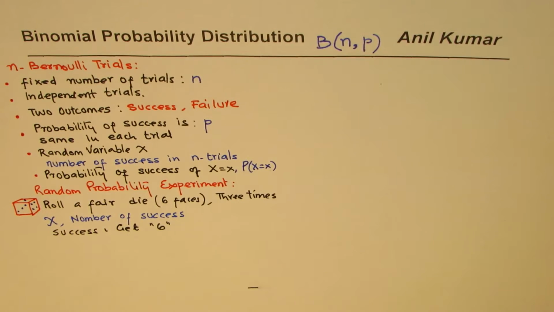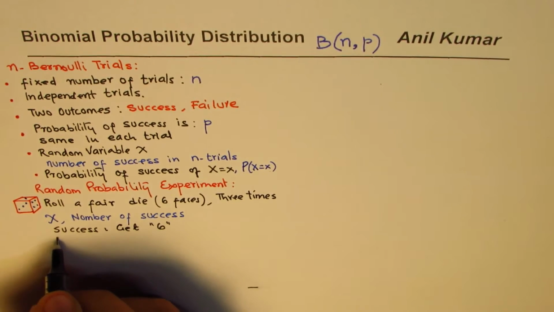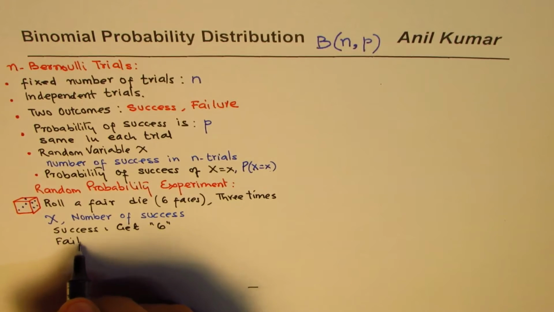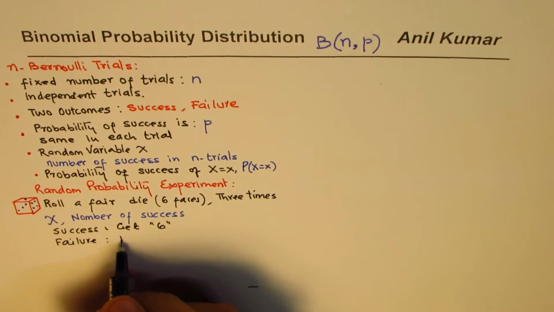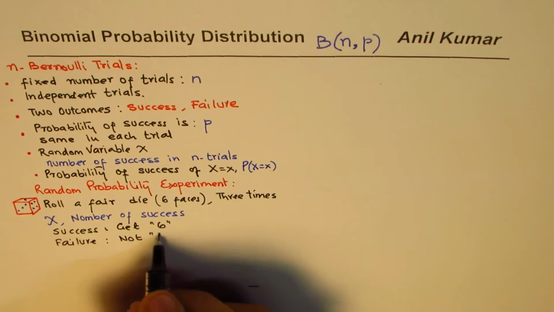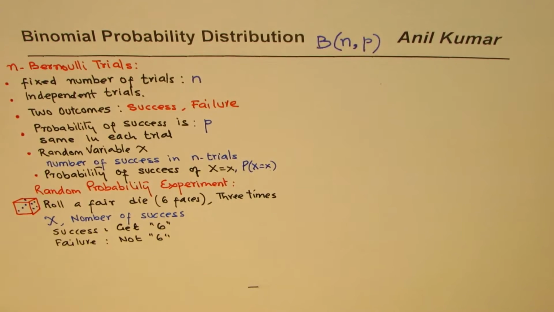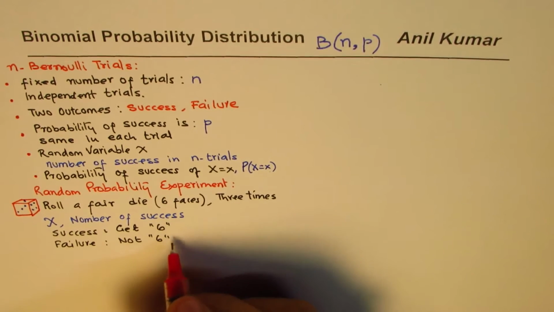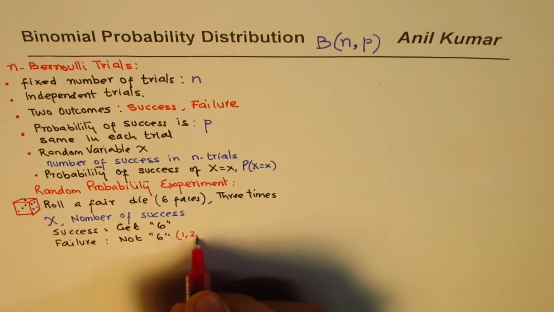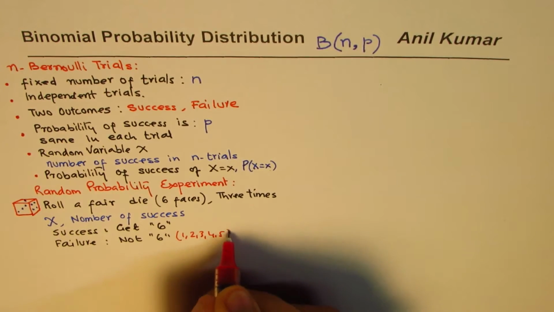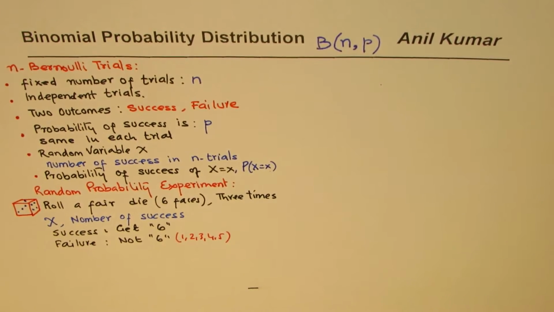So what is failure? Failure is not 6. That means it could be any other number: 1, 2, 3, 4, or 5. So failure is not 6, and success is to get 6.